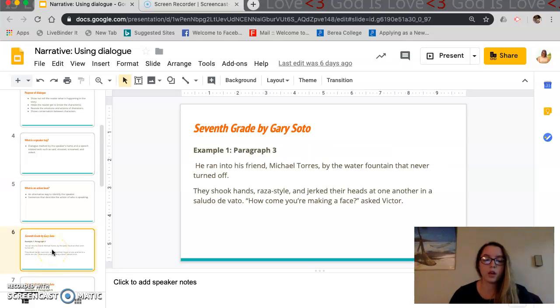Now that we've discussed the difference between a speaker tag and an action beat, I'd like us to look at the short narrative "7th Grade" by Gary Soto so that we can look at these examples in context. First, I'd like to look at paragraph 3. In paragraph 3, we see an example of just a speaker tag. We have our character Victor, who is talking to his friend Mike on the first day of school.